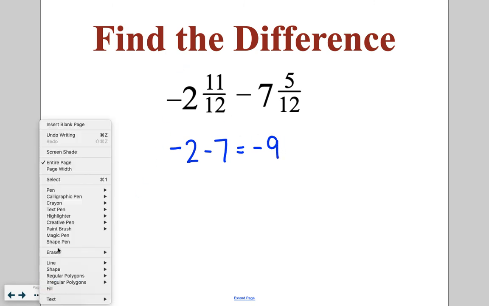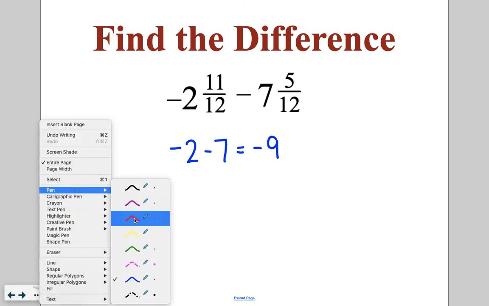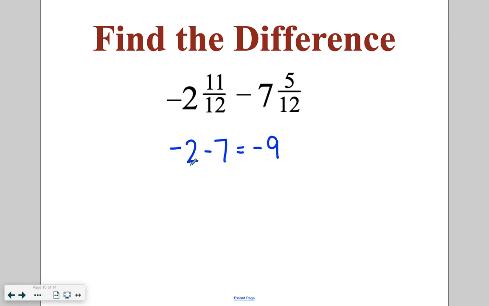Then again, with our fraction portion, because it is a negative number here, our fraction is also negative, so -11/12 minus, and then we've got 5/12. So I've got -11 minus 5, which is -16/12. That can be turned back into a mixed number.